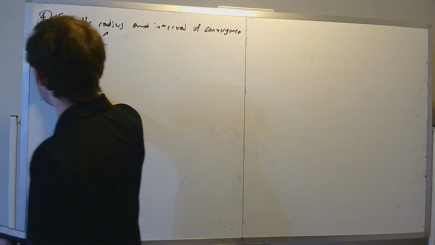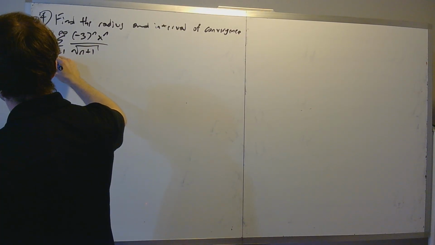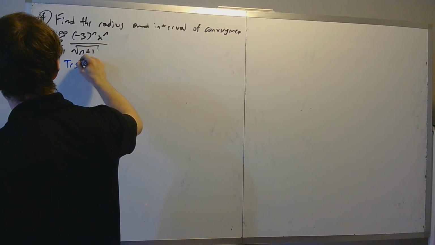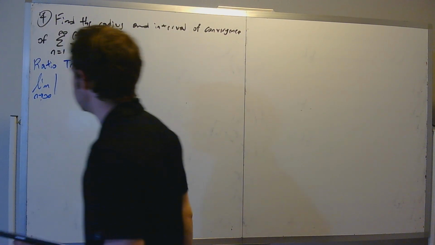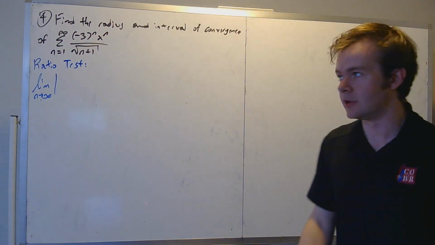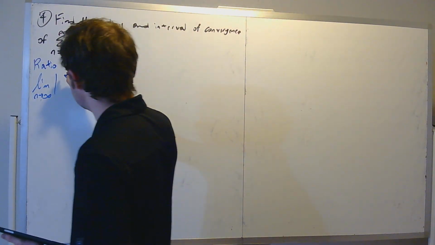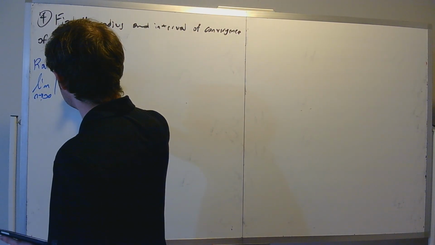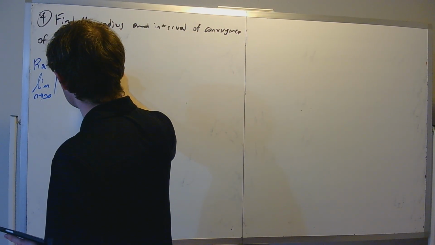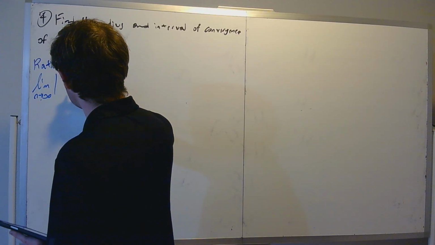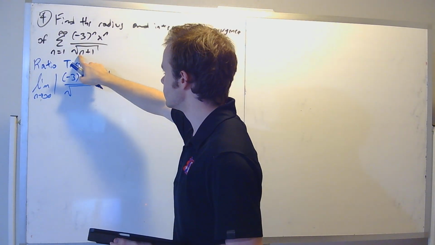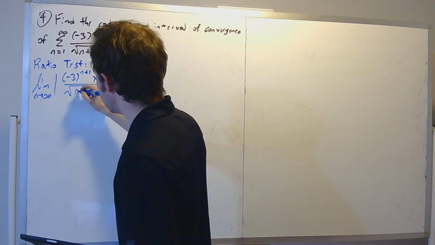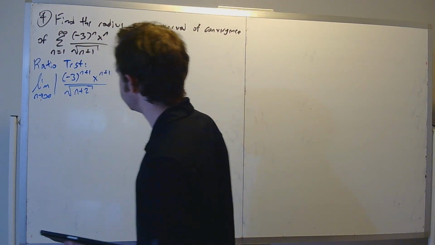So for the ratio test, again, we need to compute the limit as n goes to infinity of the absolute value of an plus 1 over an. So an plus 1, if we plug in n plus 1, we're going to get this, x to the n plus 1 over square root of, if you plug in n plus 1 here, then n plus 1 becomes n plus 2.